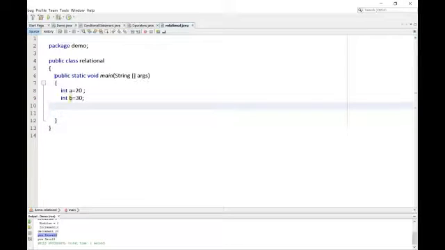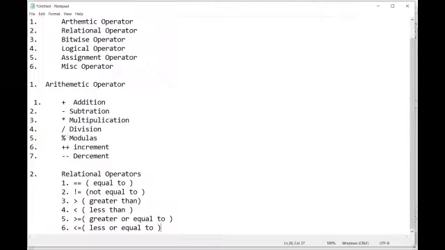So in order to check whether A is equivalent to B, we have an operator, as we have already seen in this particular category, the equivalent operator.